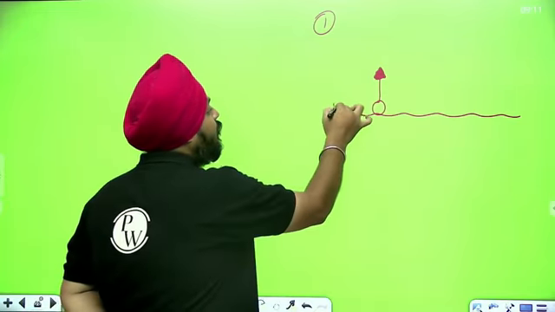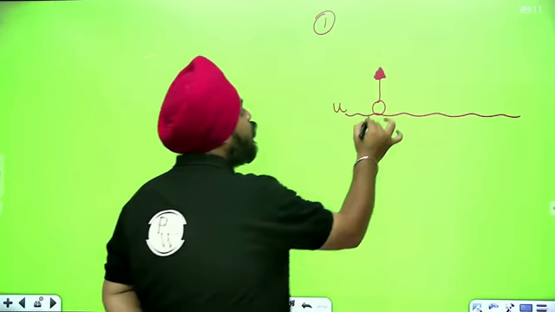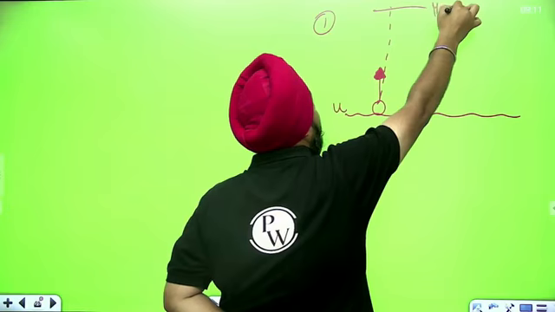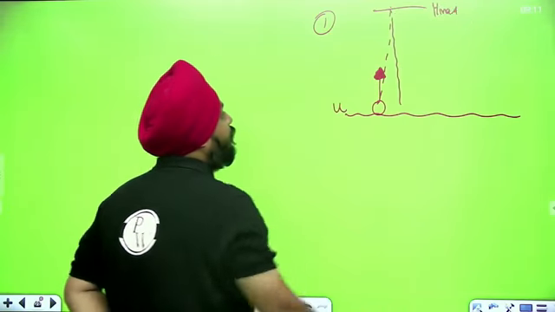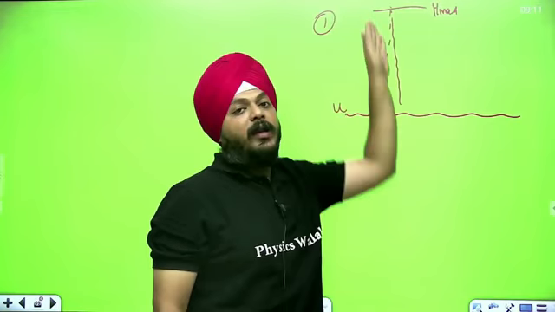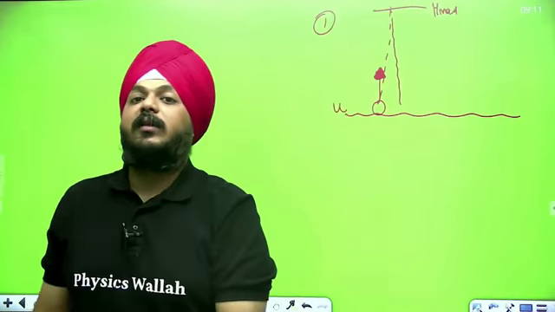So here u. Slowly it will move forward, reach the maximum height and come down. It follows a straight line, but for understanding purposes, we are drawing it like this.